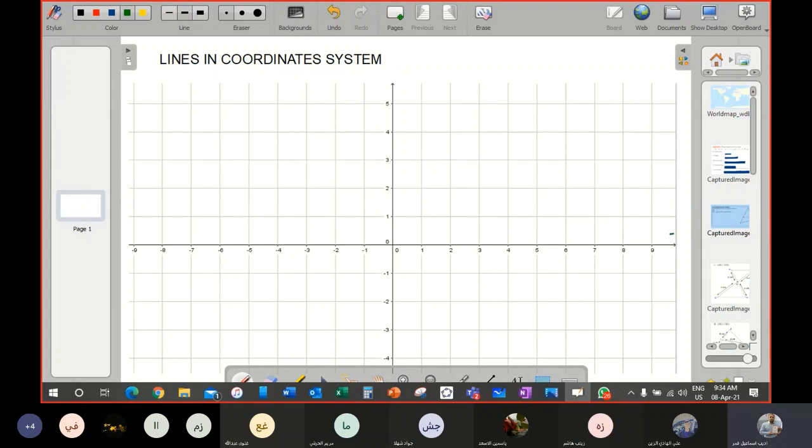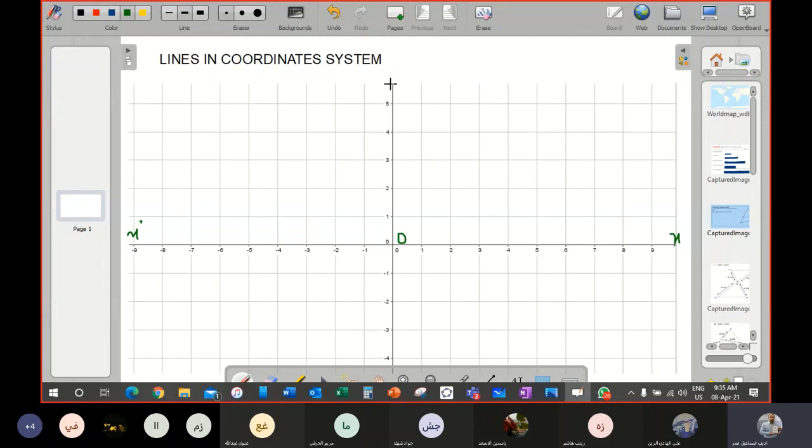We start from the positive side, it is x, and from the negative side it is x prime. And here O. O is called the origin, which is the point of intersection of the two axes.